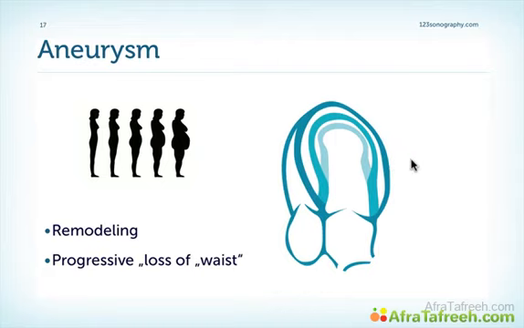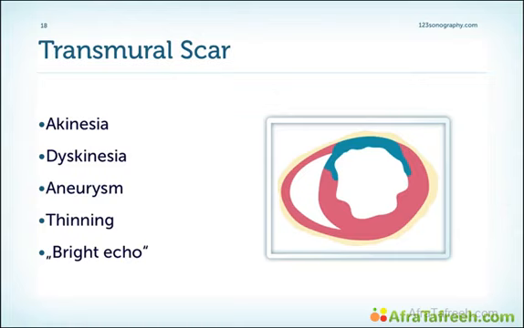So in the end phases, the patient has a situation where he is much worse off than in the initial phases where he only has the aneurysm. Keep this in mind when you perform echocardiography and you follow up patients with anterior myocardial infarction and aneurysms.